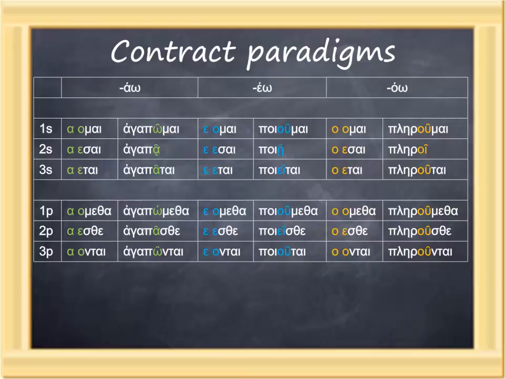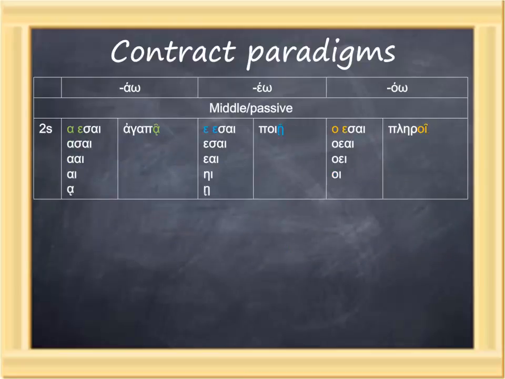If you look throughout the chart, it's quite easy to see how the contracts work, with the exception of our friend, the second person singular. Each second person singular, alpha plus sai, epsilon plus sai, or omicron plus sai, each of those go through a rather elaborate process of contraction to yield the actual endings that show up.